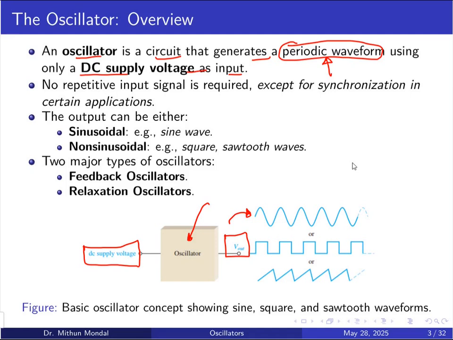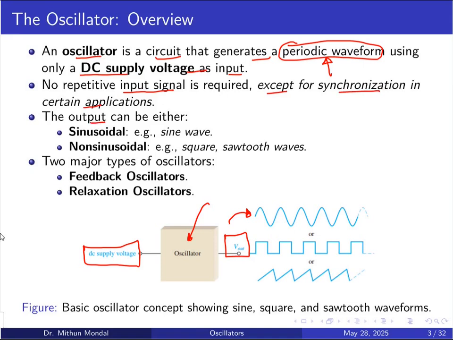Now, the input signal may be repetitive or not repetitive, but generally we do not use any repetitive input signal because we are using the DC supply voltage, except for some cases where synchronization is required for certain applications.